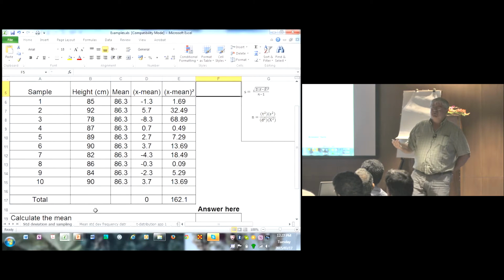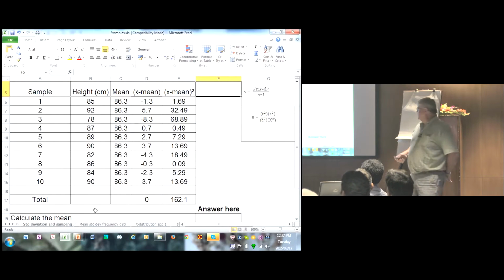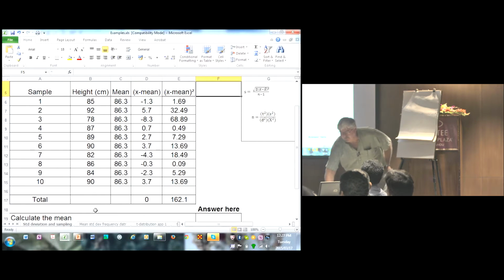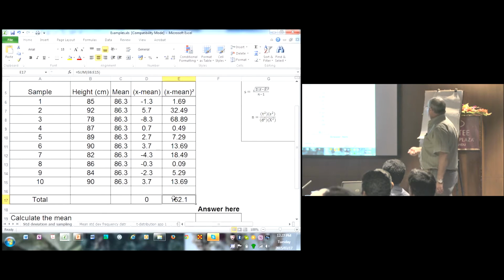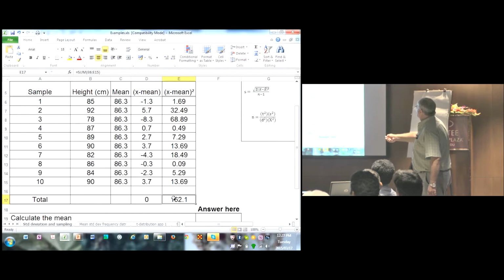I've got the sum of squares. If you want to do that in Excel, I'm sure you all know how to do it. Equals sum, and you mark the blocks. You add them all together. That then is the sum of squares.